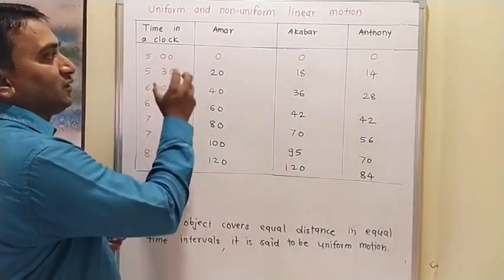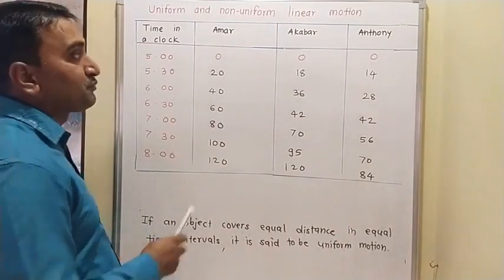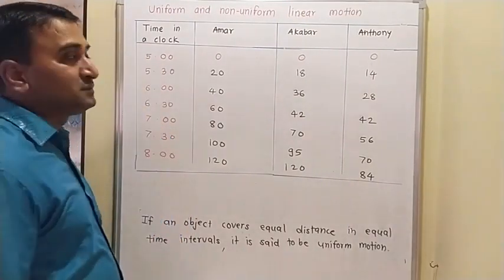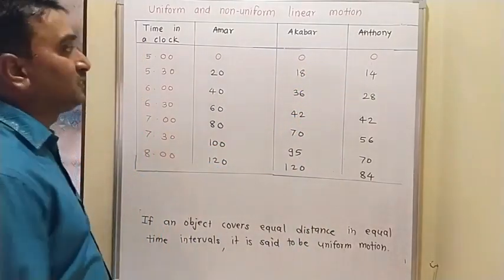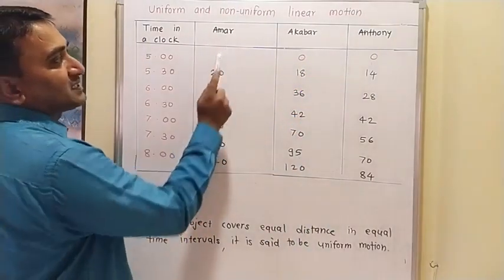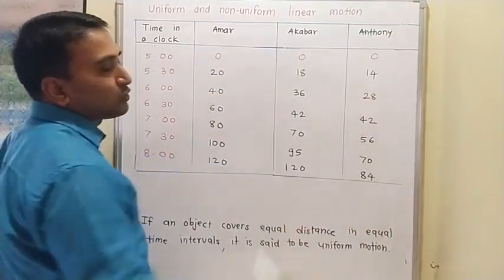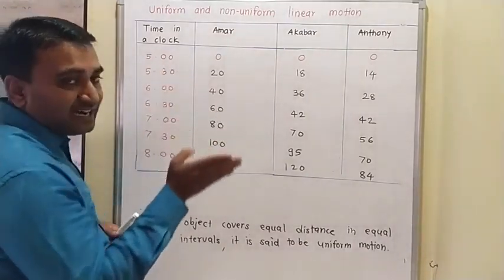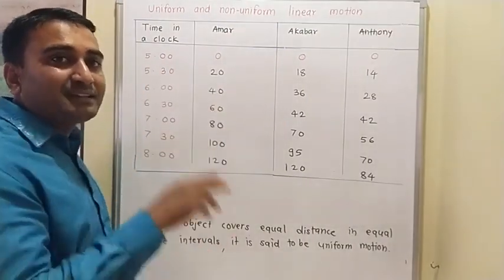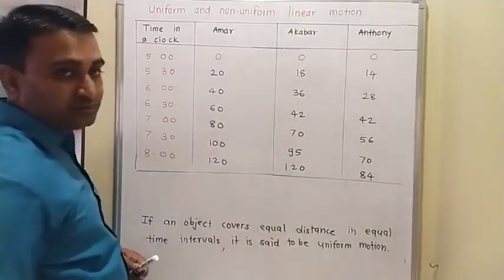So see here, we are discussing one incident. At 5 o'clock, Amar, Akbar and Anthony started their journey. Then at 5 o'clock, the distance covered by Amar, Akbar, Anthony is 0, 0, 0. As they started the journey along the same straight path, that is linear motion.